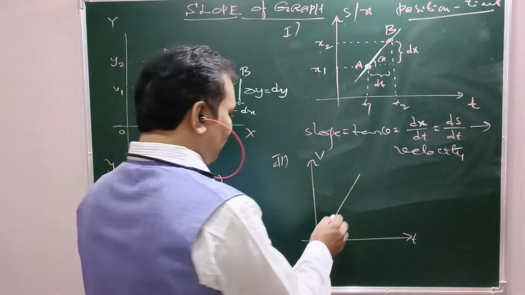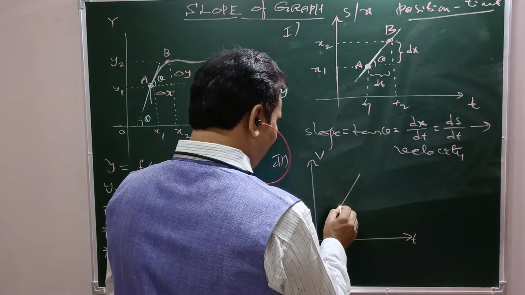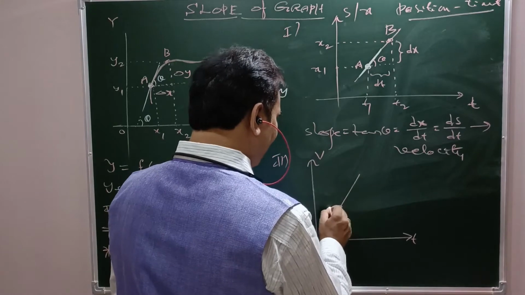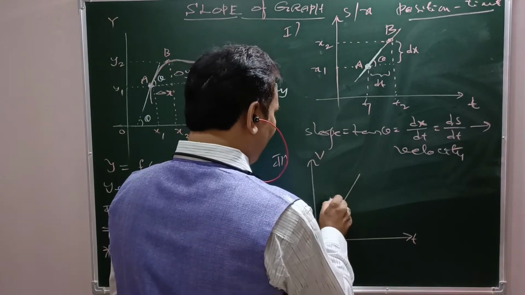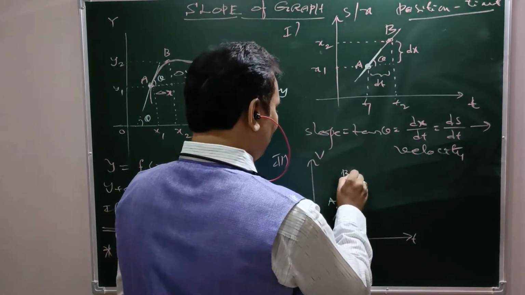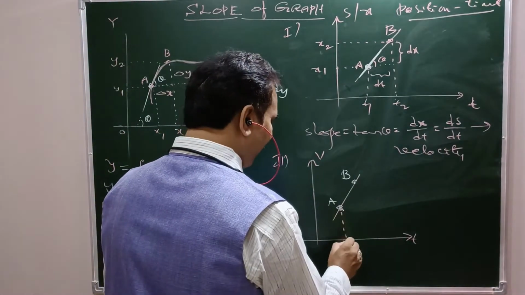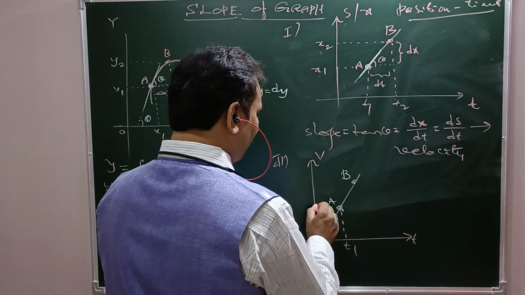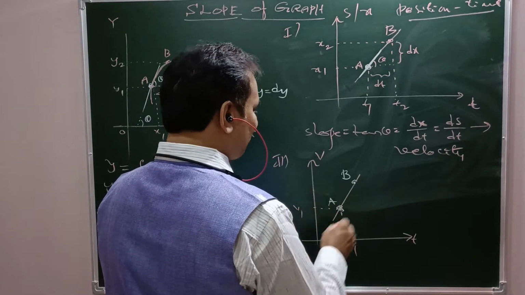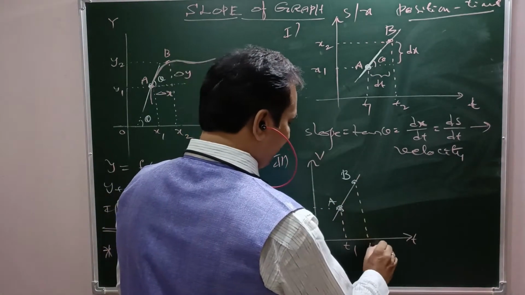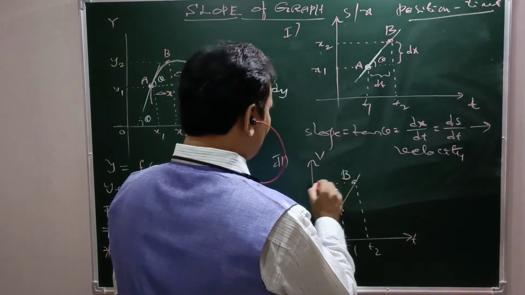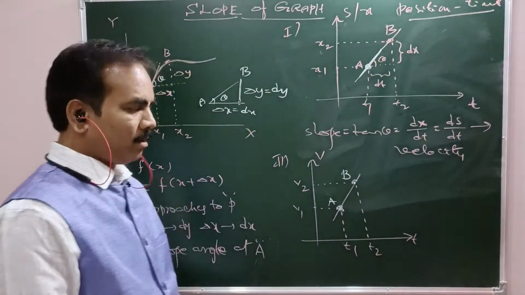Then take 2 points on the line, somewhere here A, somewhere here B. Now take the values relevantly, that is, this is t1, this is v1. Similarly, at this point t2, here it is v2.